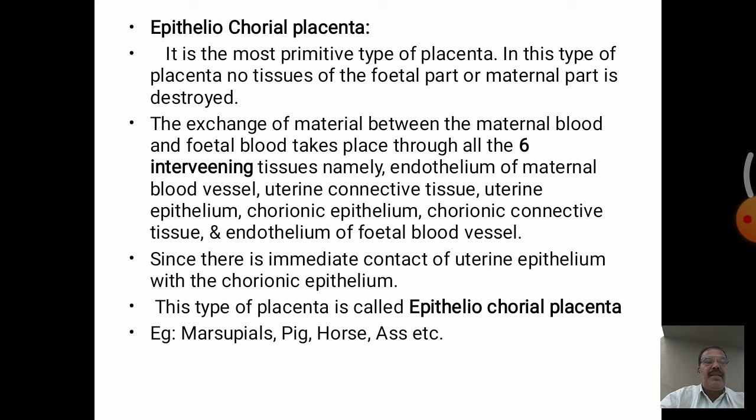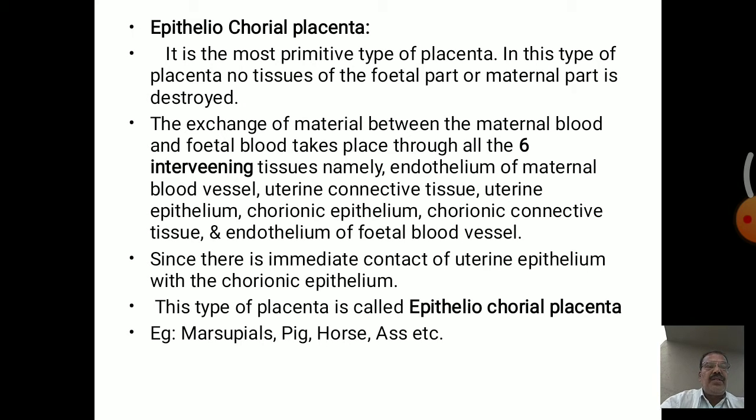Those 6 layers of tissues are the endothelium of maternal blood vessels, uterine connective tissue, uterine epithelium, chorionic epithelium, chorionic connective tissue, and endothelium of fetal blood vessels. So first row, consider that of maternal blood vessels, that is the endothelium of maternal blood vessels and endothelium of fetal blood vessels.